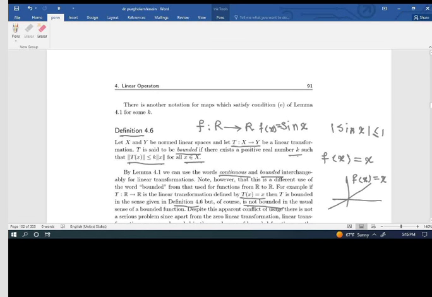So, by the previous theorem, this condition is equivalent to the condition that T is continuous.